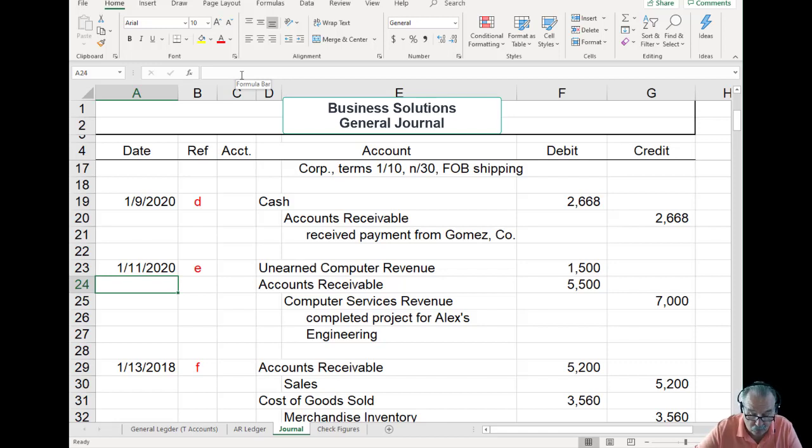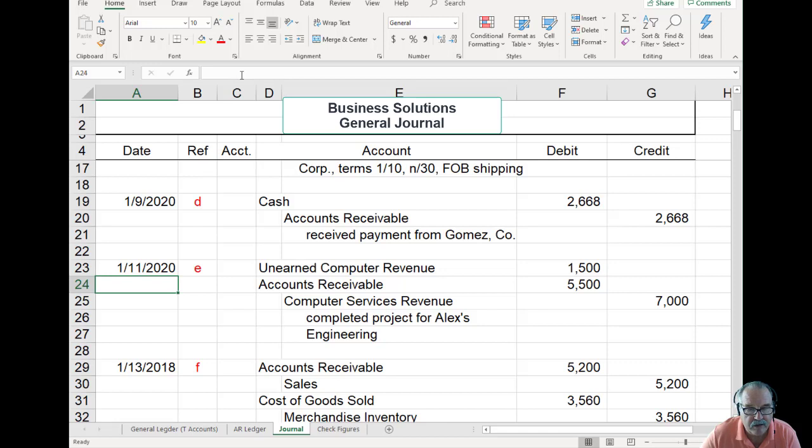In this case, we did $7,000 worth of work. That's why the credit is going to go to the revenue account. They prepaid part of their fee, $1,500, so we're going to relieve or reduce unearned computer revenue, which is a liability account, and then we'll set up a receivable for the amount they still owe us.